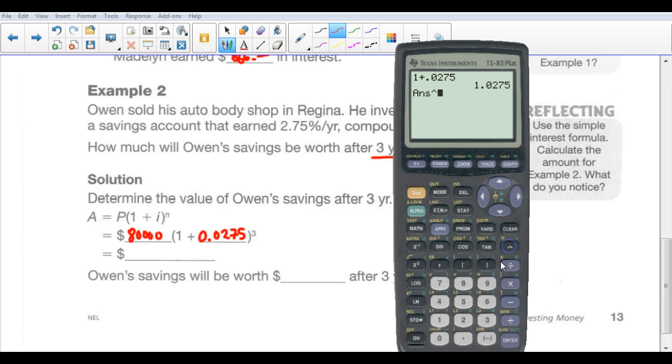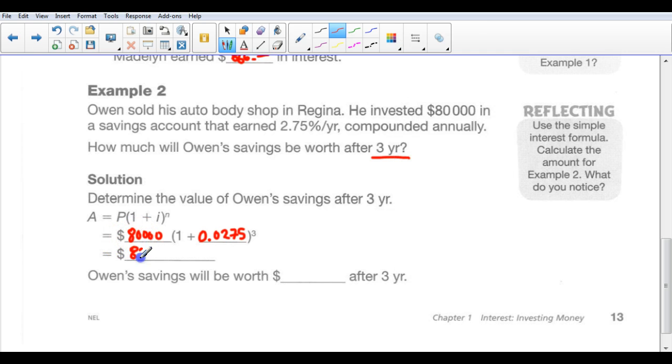We have to put it to the exponent next, which is the exponent of 3, get an answer, and then multiply that by $80,000, and we get an answer of $86,783.16.